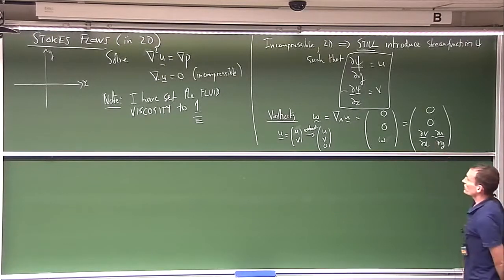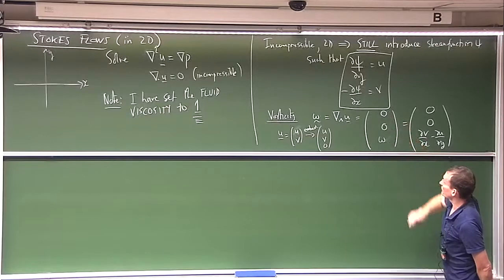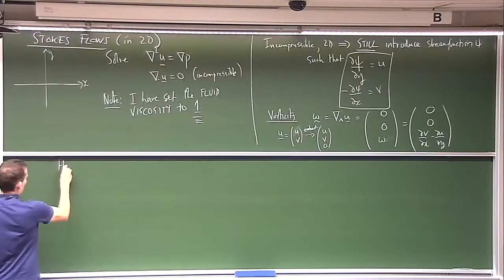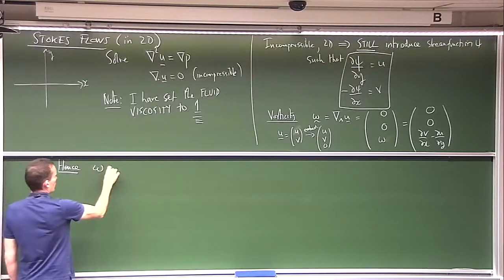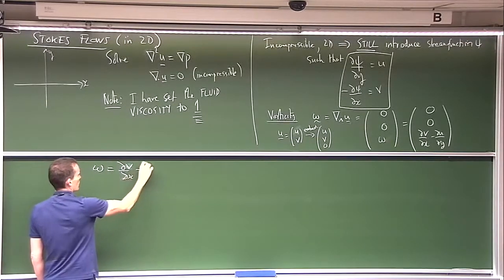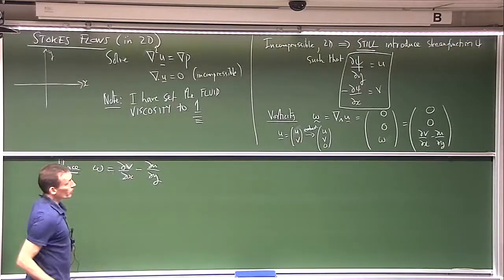So this allows us to deduce what this vorticity is in terms of the psi. So it's dv by dx minus du by dy. And now let's substitute from the box.